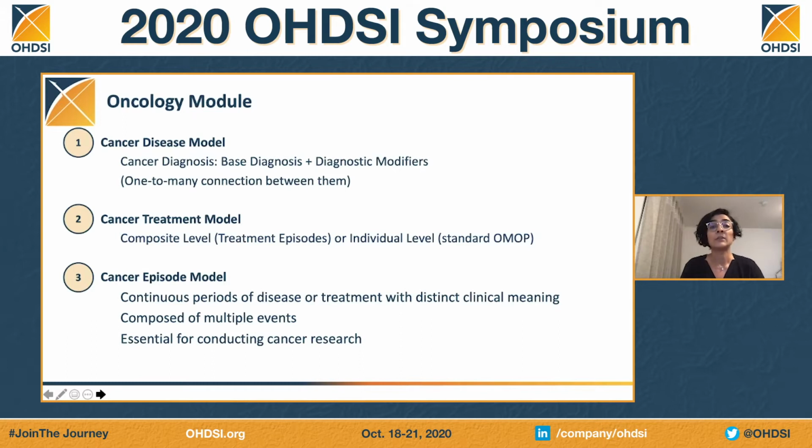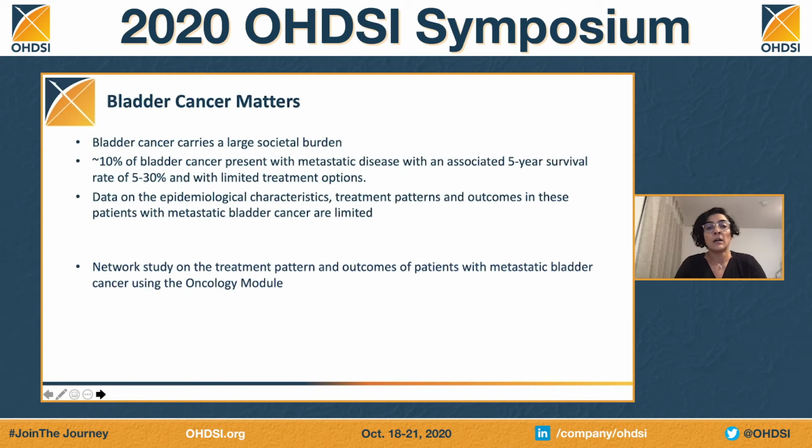We used that to do a study on bladder cancer and describe patient population outcomes. Why bladder? Simply, bladder cancer matters. It carries a large burden on society and is among the top 10 most common cancers worldwide. In general, the disease is usually confined and the prognosis is very good. However, in around 10% of patients, bladder cancer presents with metastatic disease.